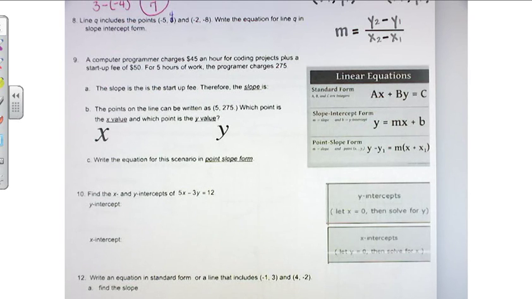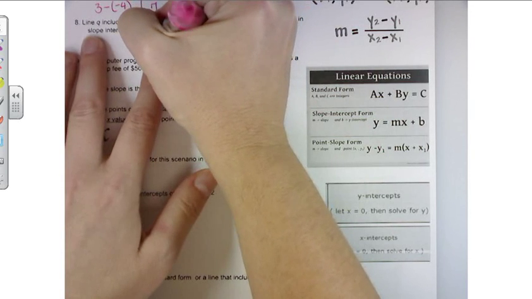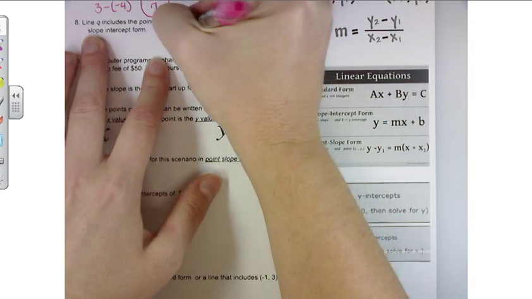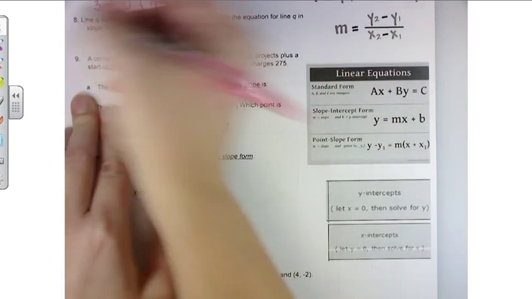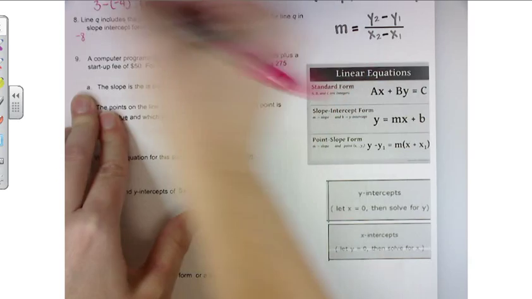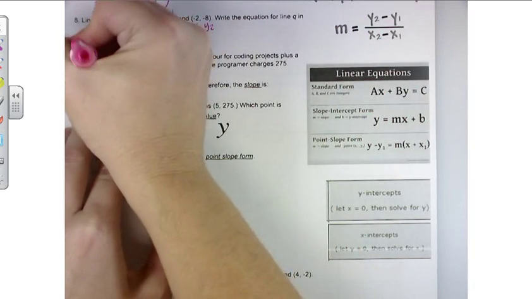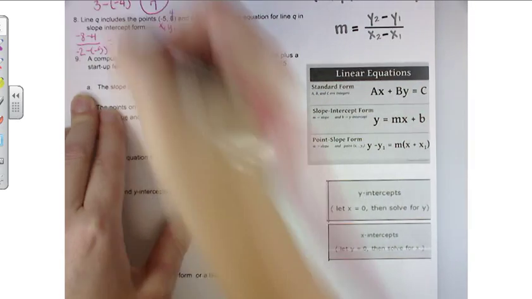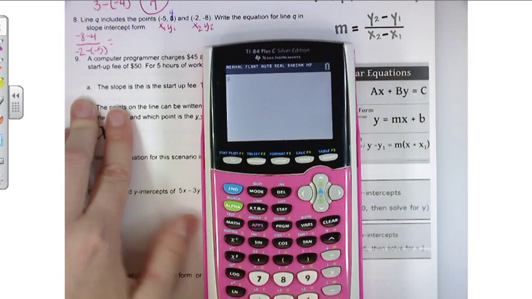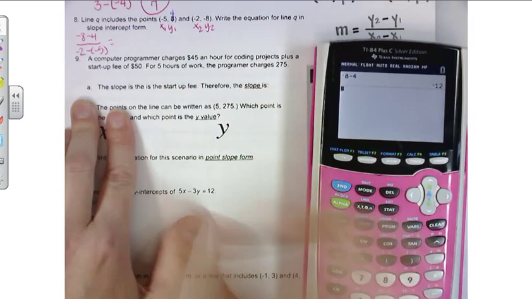So the first thing I have to do is find my slope. So again, we're going to label x1, y1, x2, y2. I'm going to do it way over here. I'm going to go -8 minus 4 over -2 minus parentheses -5. Wow, that's a lot of minuses. Okay, -8 minus 4 equals -12.